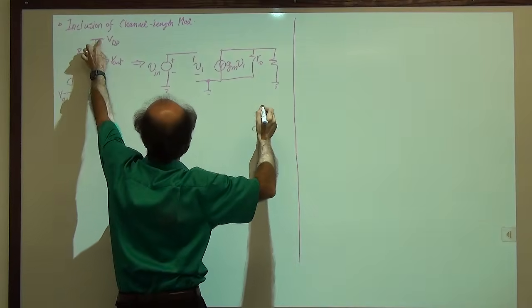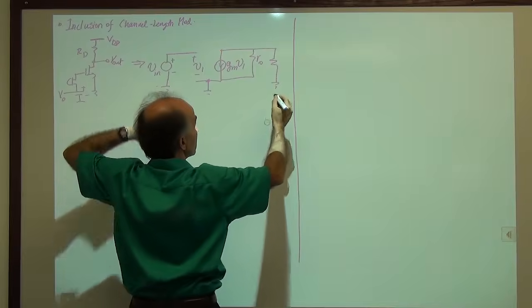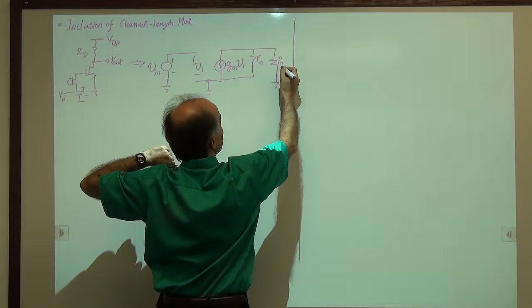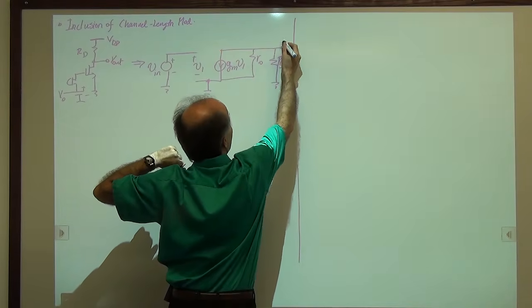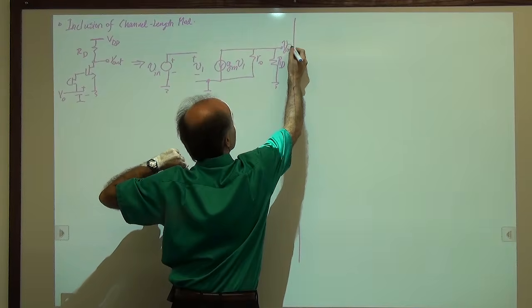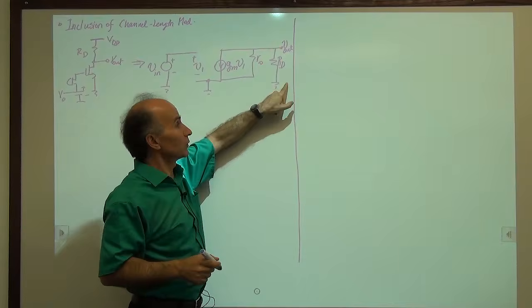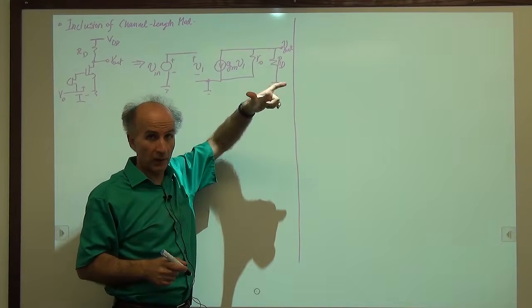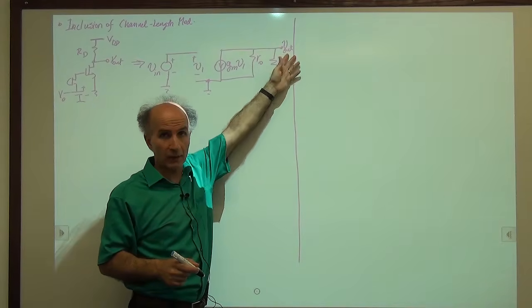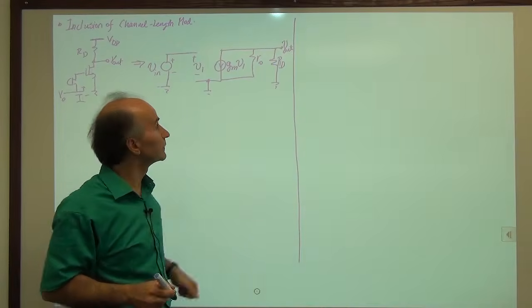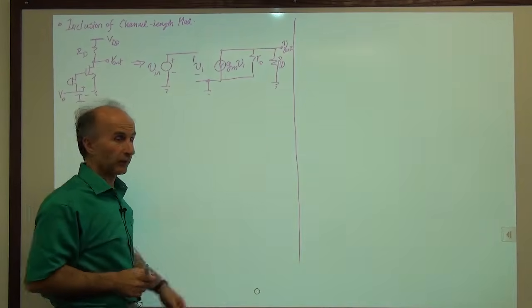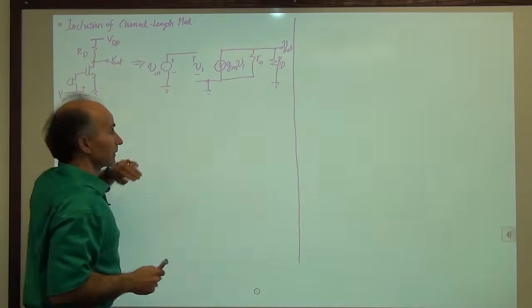RD goes from here to AC ground because the battery becomes a ground, becomes equal to 0 because it doesn't change with time. And this is V out. V out, again, is measured from here to ground, right? It's a voltage between these two nodes, which we just write like that for simplicity. Our objective is to find V out over V in.